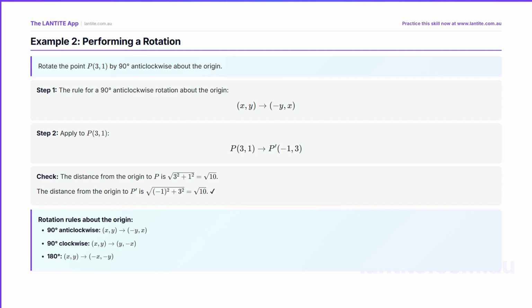The distance to P is the square root of 3 squared plus 1 squared, which is the square root of 10. The distance to P' is the square root of (-1) squared plus 3 squared, also the square root of 10. The distance is preserved, confirming our rotation is correct. Learn the three key rotation rules shown here for the LANTITE.